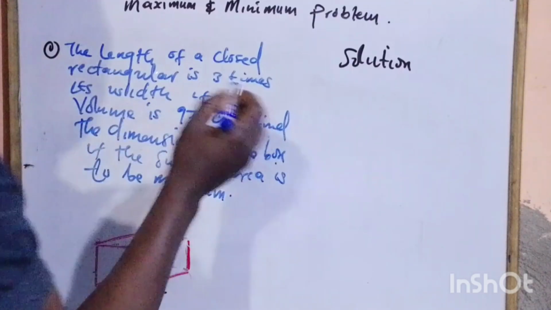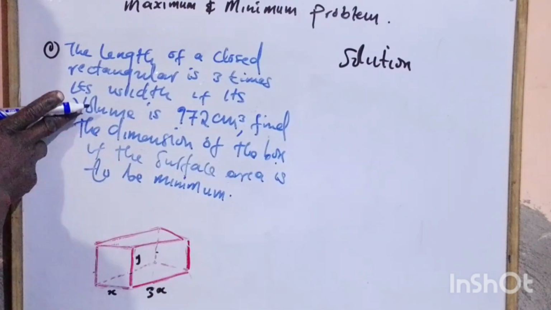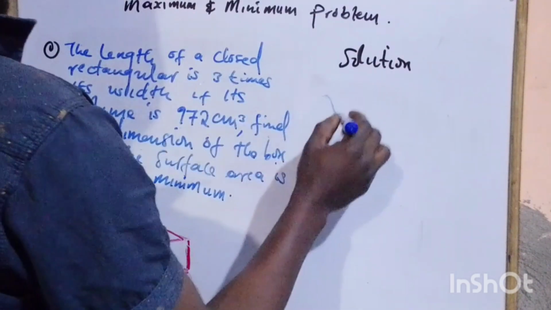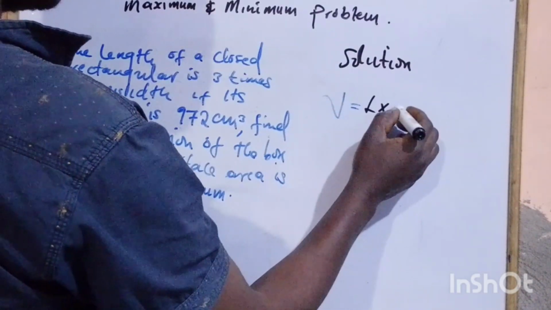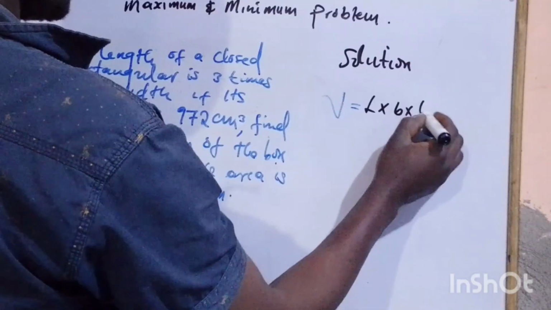So for the solution, first of all, we must find the volume. Volume is equal to length times breadth times height.